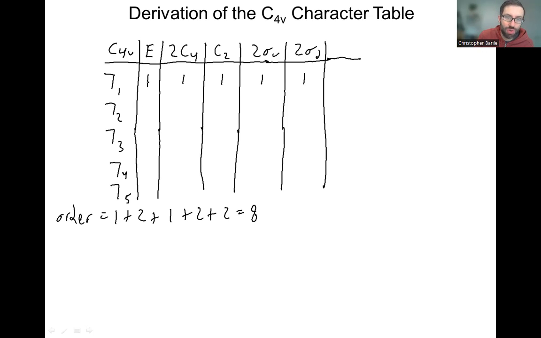And so the sum of the squares of the dimensionalities, that are the characters under identity, must equal 8. And these values under identity will always be positive integers, whole numbers. So 1, 2, 3, 4, or 5. Most likely they're going to be 1, 2, or 3.